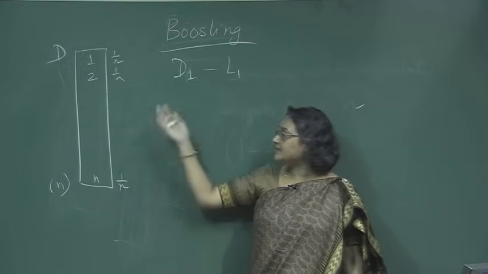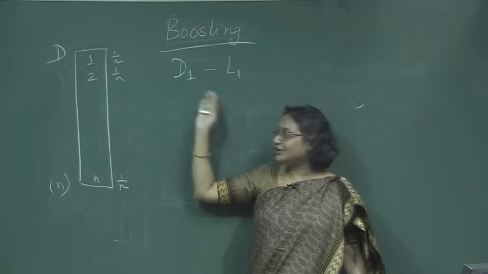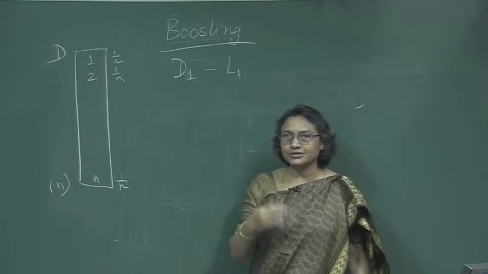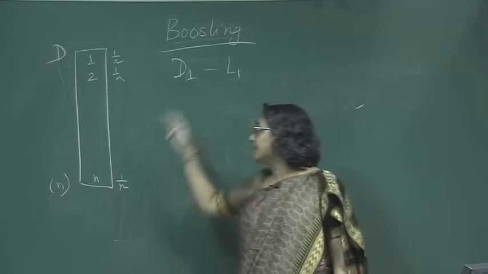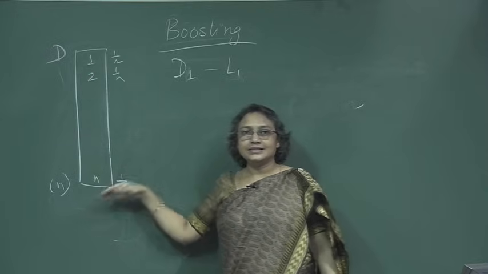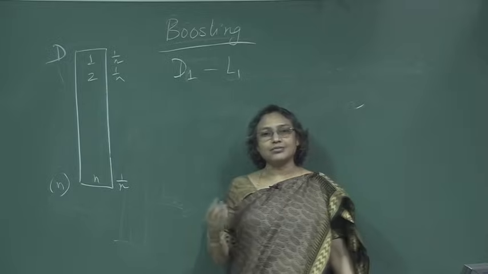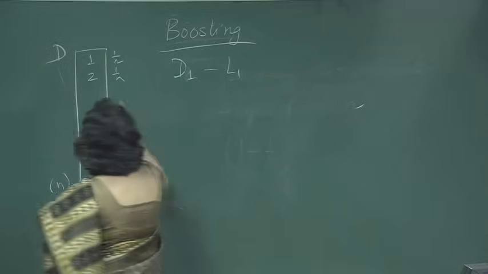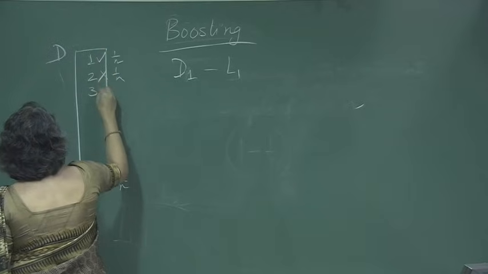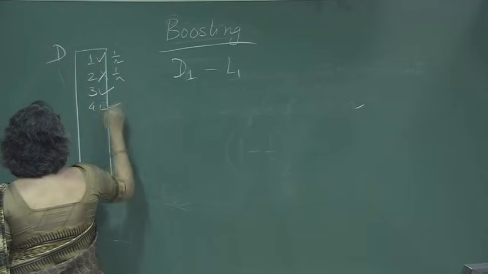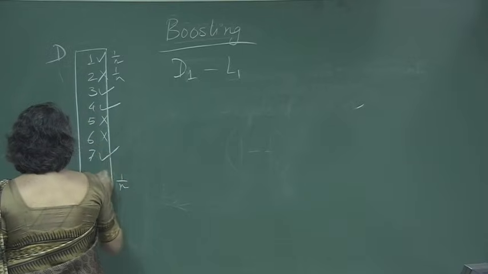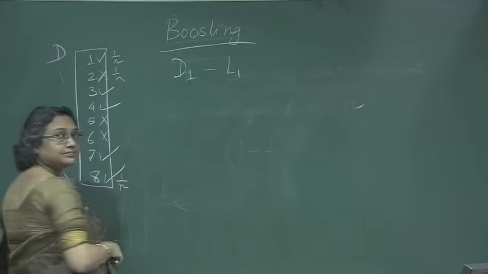If that is the case, then it's a very good learner, you don't really need to proceed. But most often what will happen is that this learner will label some of these instances in D correctly and some wrongly. Now, suppose L1 labels this correctly, labels this wrongly, labels this correctly, labels this correctly, labels this wrongly, labels this wrongly, labels this correctly, labels this correctly.